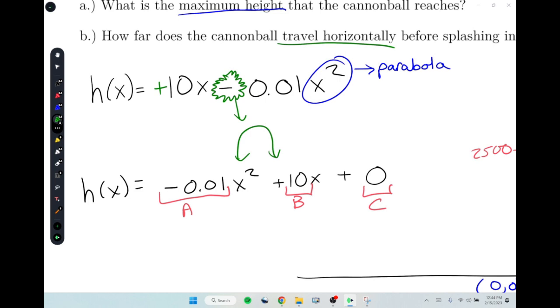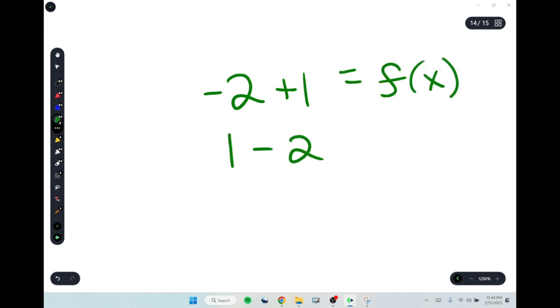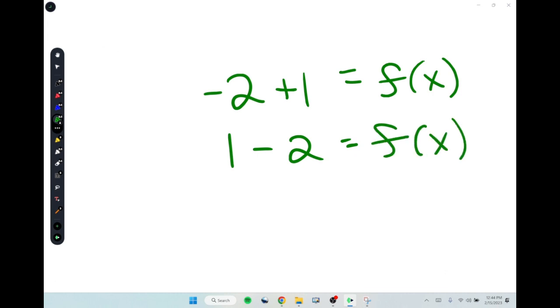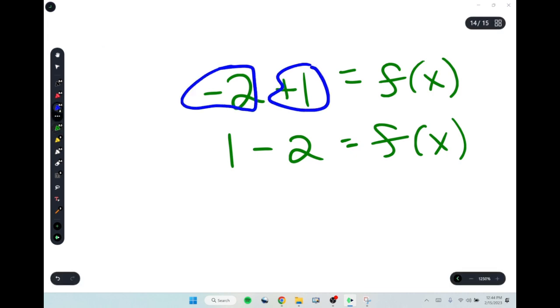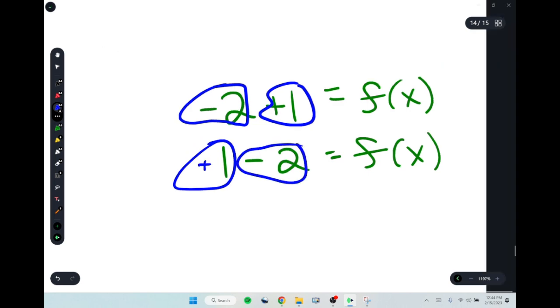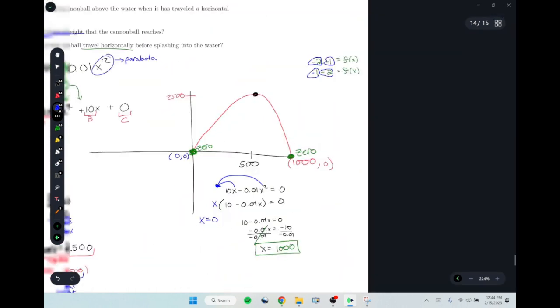In a simpler form, -2 plus 1 is the same thing as 1 minus 2. You're allowed to move them. You keep whatever's in front of it with it, and whatever's behind it doesn't matter at all. Cool? All right, what else?